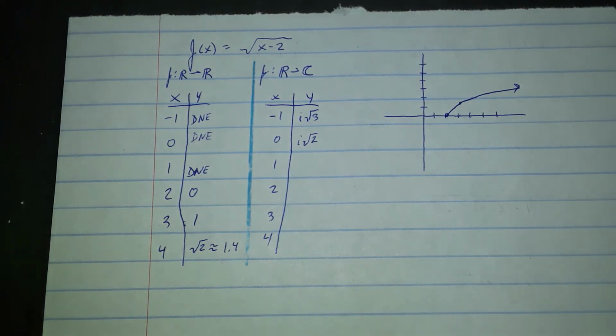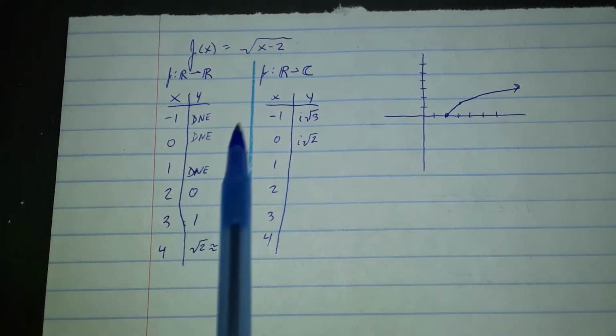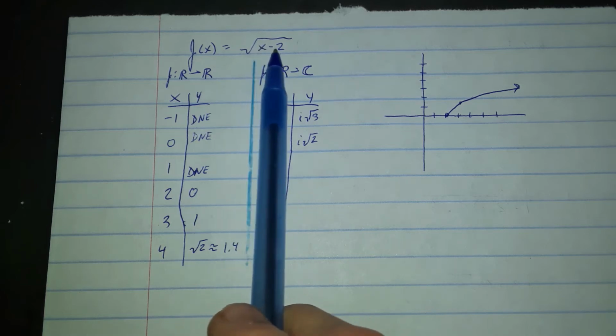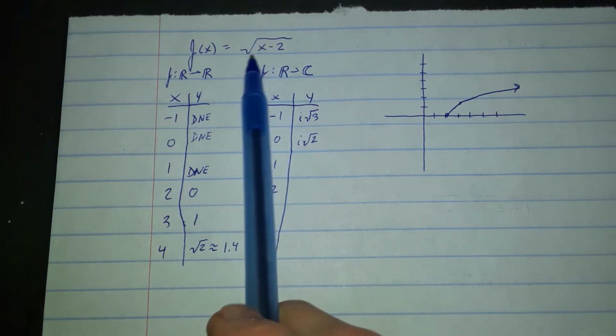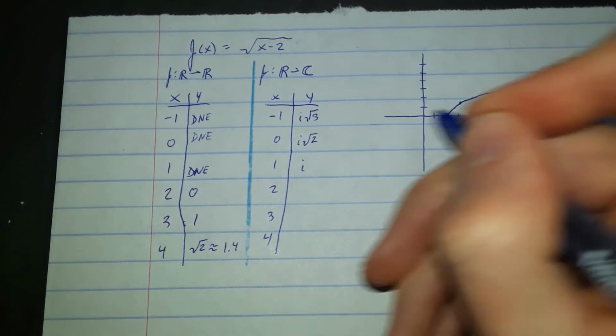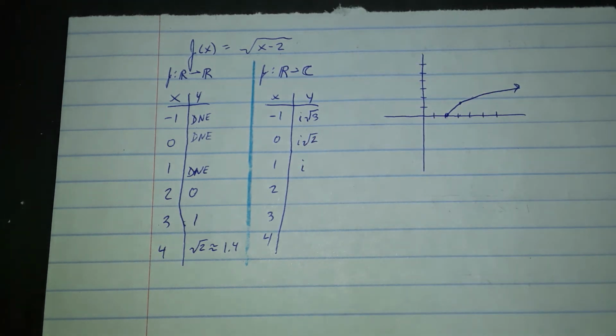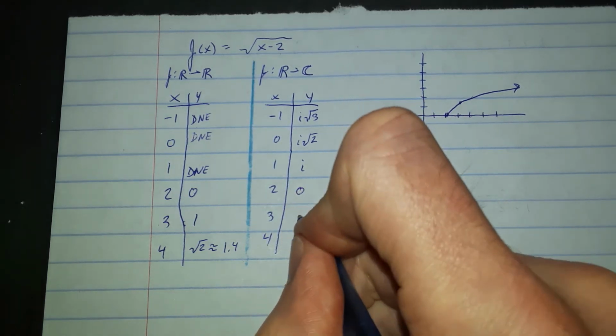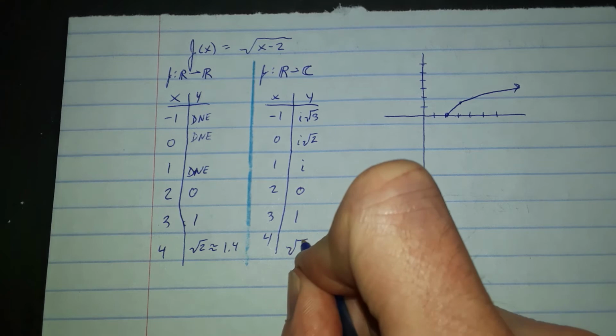Again, a complex number. If I plug 1 into here, I have 1 minus 2 is -1. Square root of -1 is i. And then nothing changes as I start plugging in 2, 3, and 4 here. So I'm going to get the same values here.